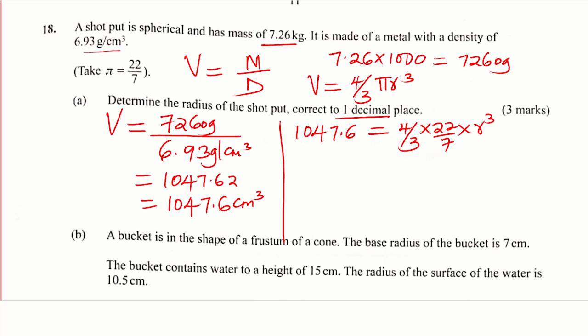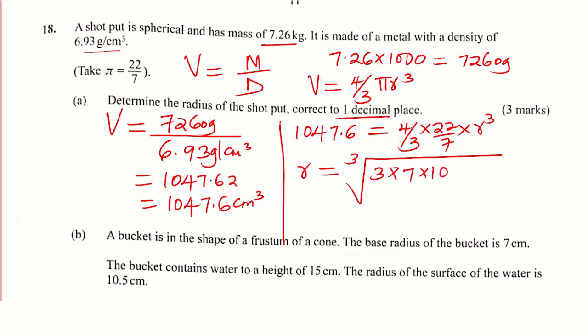So making r the subject of this formula, you get r to be given by the cube root of 3 multiplied by 7 times 1047.6, everything divided by 4 times 22. So when you work out these, you get the radius. So use a calculator to do these.